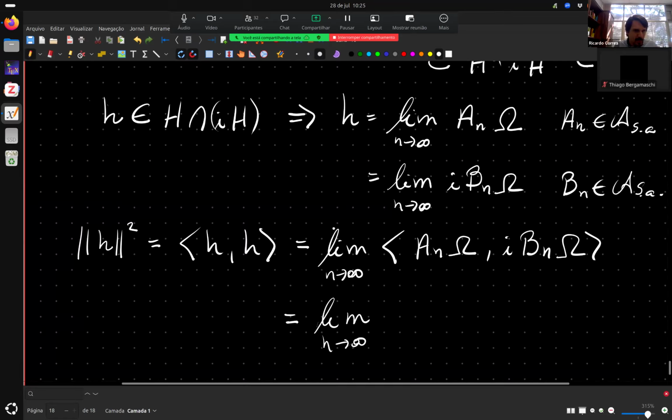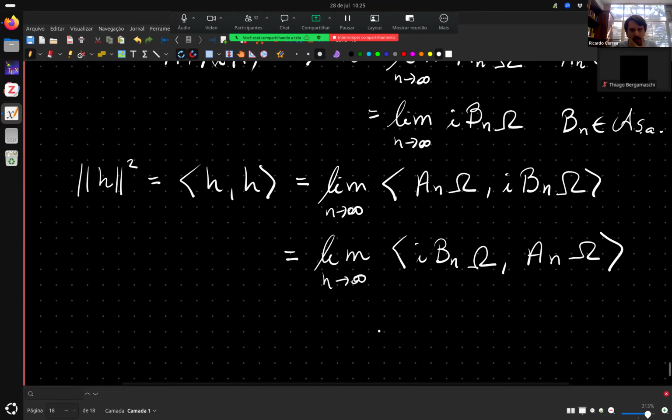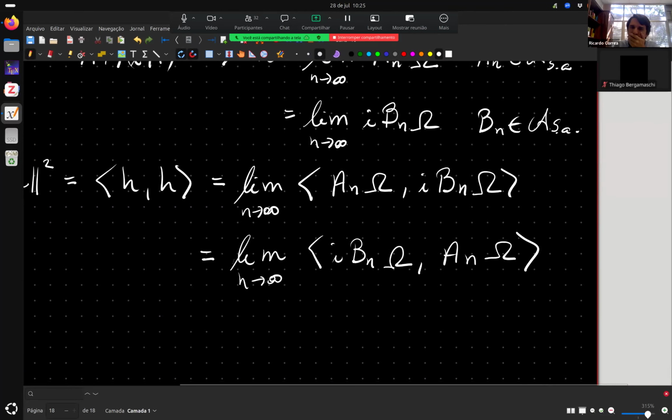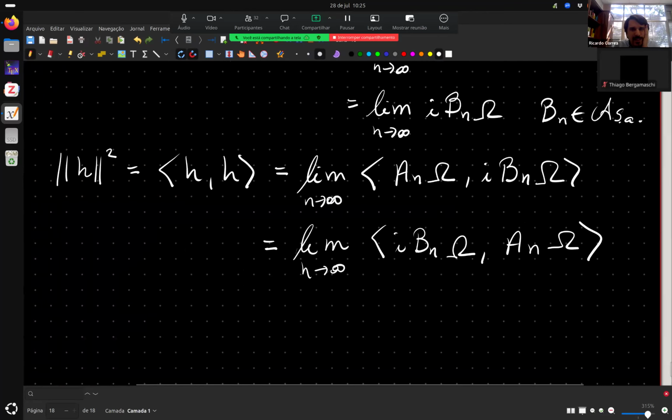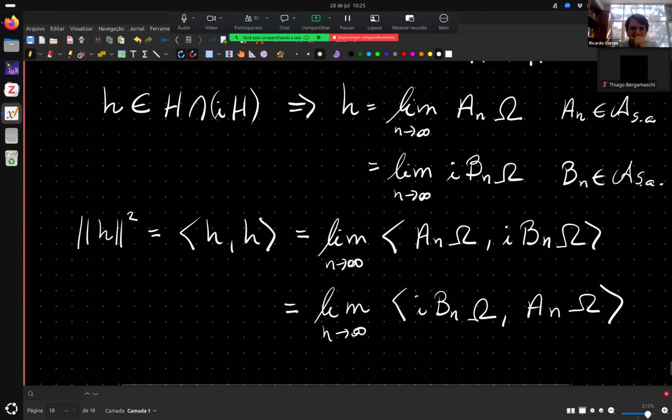So in the limit, I can take the complex conjugate of everything, and it should not change the result, which means I can go with the inner product of B_n Omega with A_n Omega. But if you look at these two results, one of them is equal to, no, okay, so now I did something wrong. So for not losing too much time, allow me to do this one tomorrow.